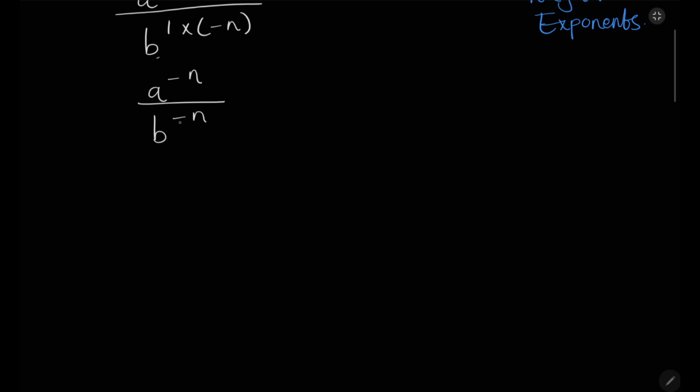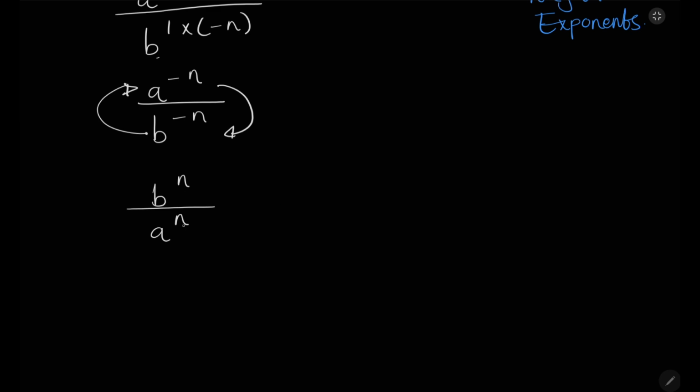So when you change the sign of the exponent, you have to take the variable to the other side. So the b goes to the numerator and the a goes to the denominator. So this will be b to the power positive n over a to the power positive n.